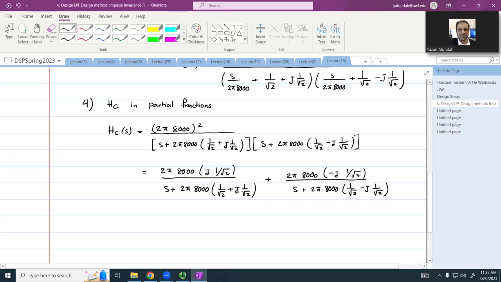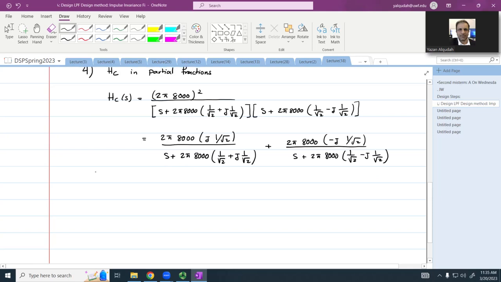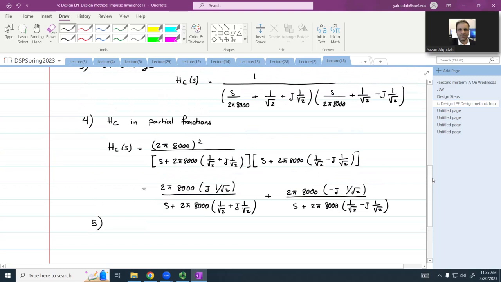Now we have Hc of S in partial fraction form. Why is 2 pi times 8,000 squared at the top? Because there is a 2 pi that's going to come from this one and from this one, multiplied together.